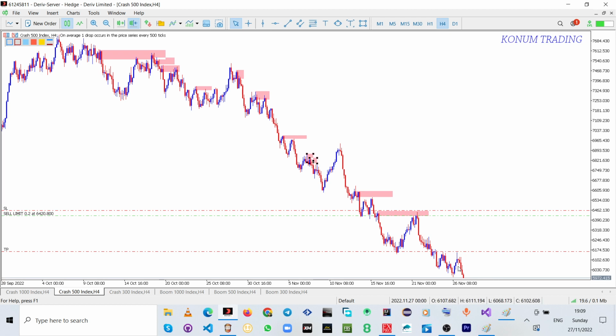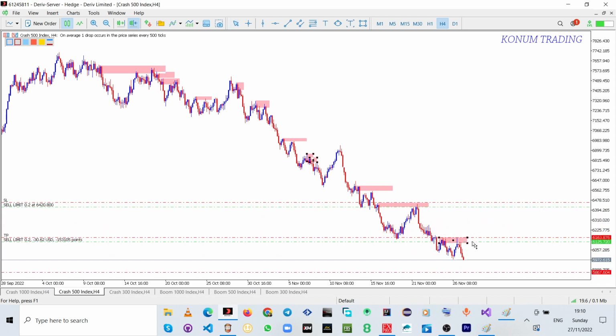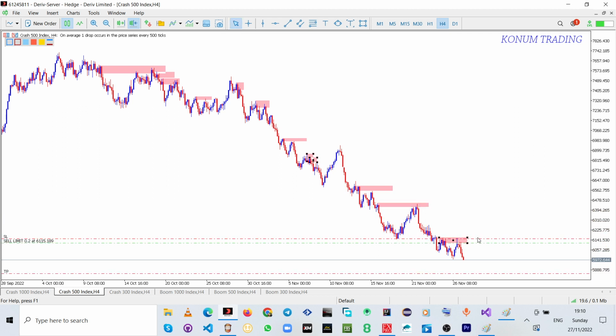As you can see right here, we have a trade that is moving right here. I took advantage of it earlier on. Because there are two zones right here, although I skipped other zones, your stop loss will be above that zone right there, and the risk will be $11.